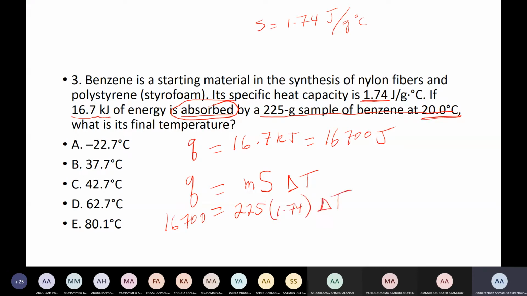Delta T, I don't know. What's delta T? TF minus 20. So TF minus 20 equals 16,700 divided by this and this, and that is 42.656.